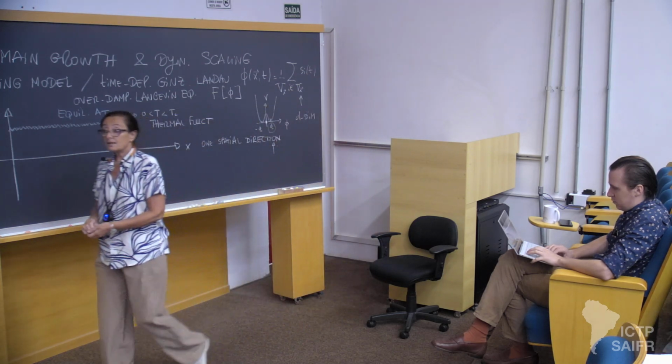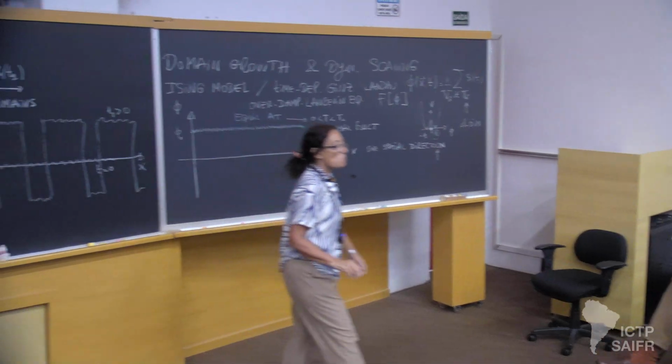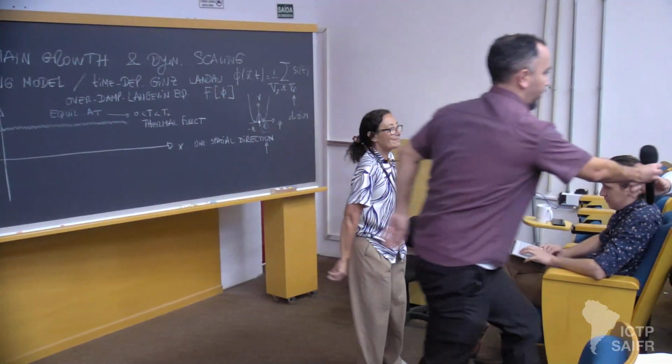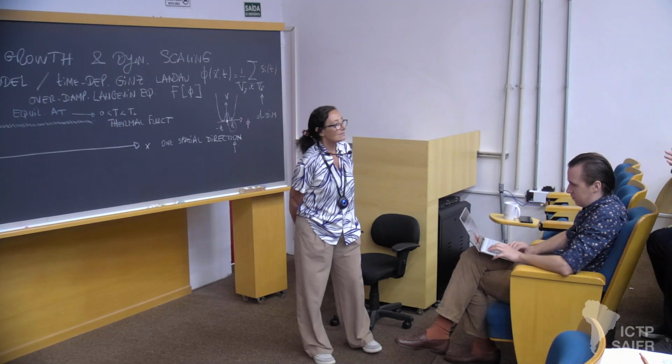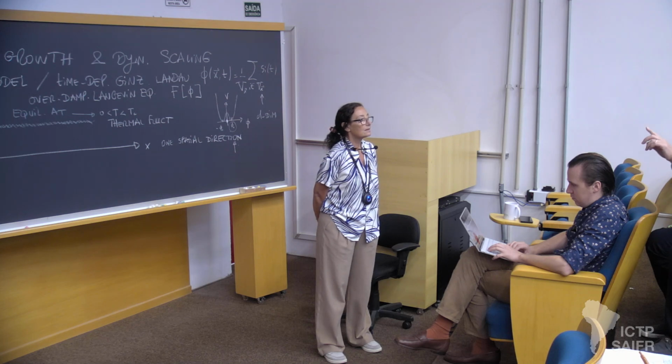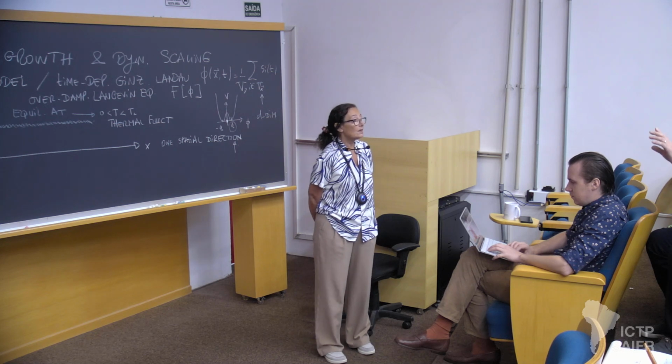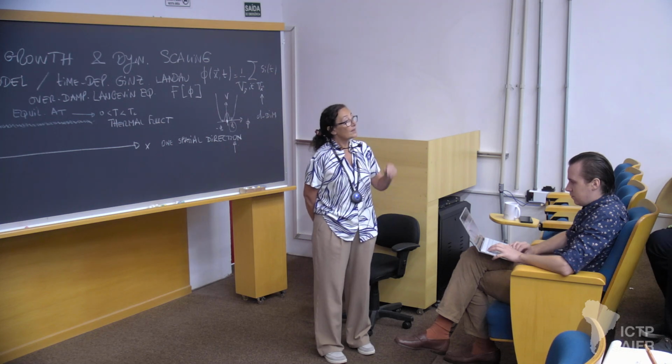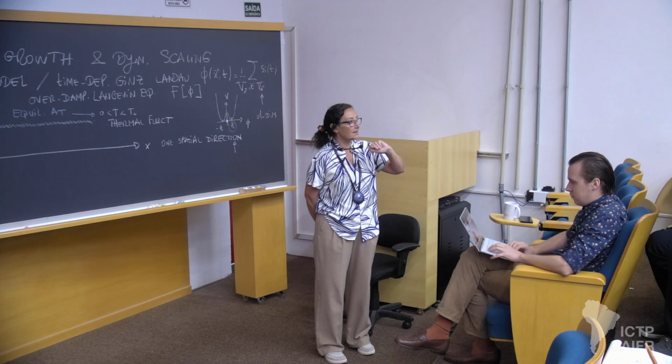Sorry, maybe I didn't catch everything, but this is at a constant magnetization. So you have fixed magnetization and temperature, or the external field to 0? I don't have external field, and I don't have constant magnetization.